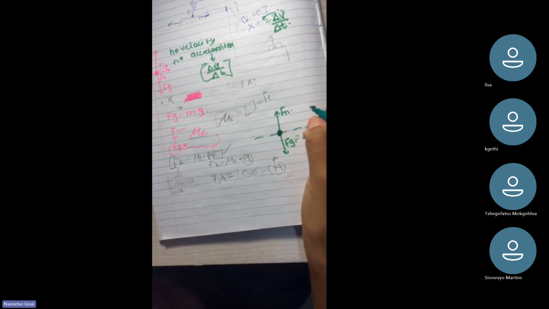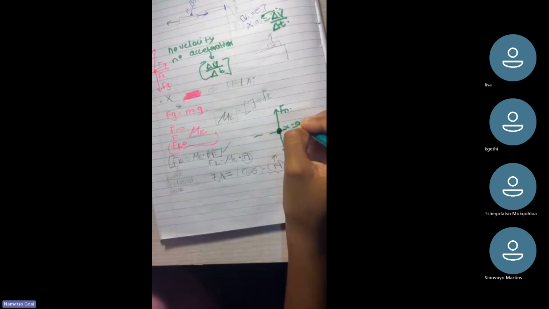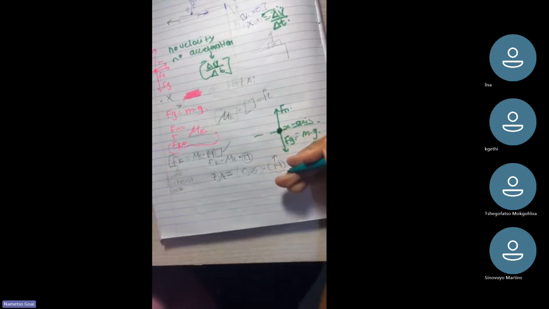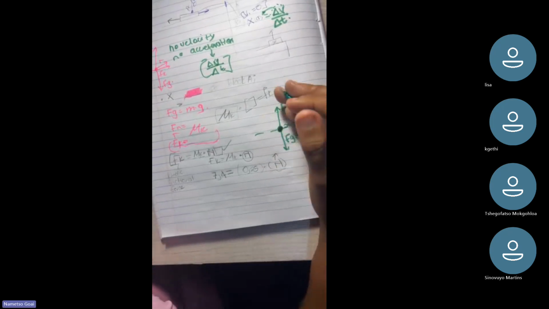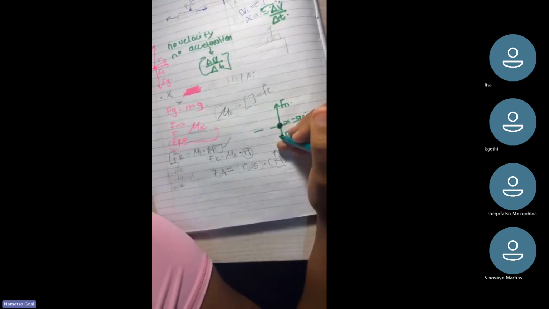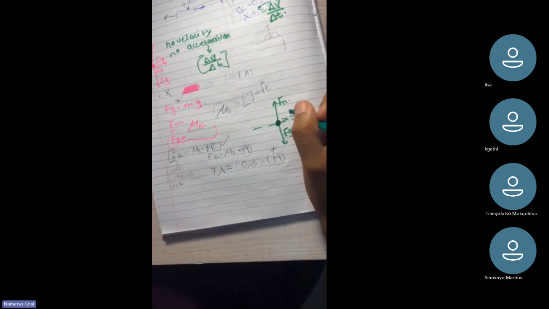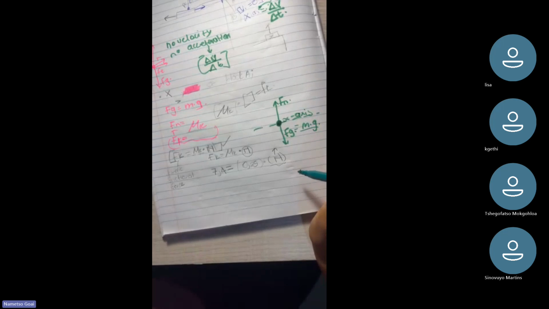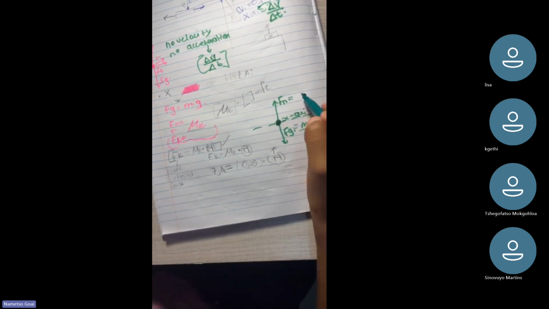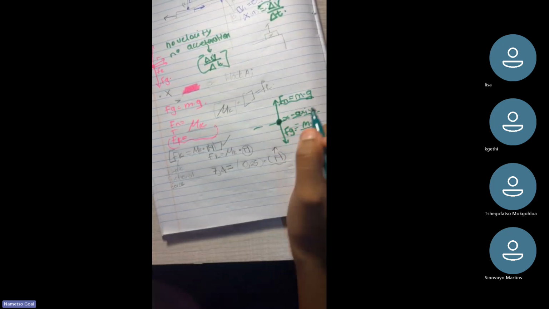Let's say this was your x-axis. This one is below your x-axis, this one is above your x-axis. Or rather, this is in your negative y-axis and this is in your positive y-axis. So if you have mg over here, the normal force is also going to be m dot g. This is the formula to calculate the normal force.